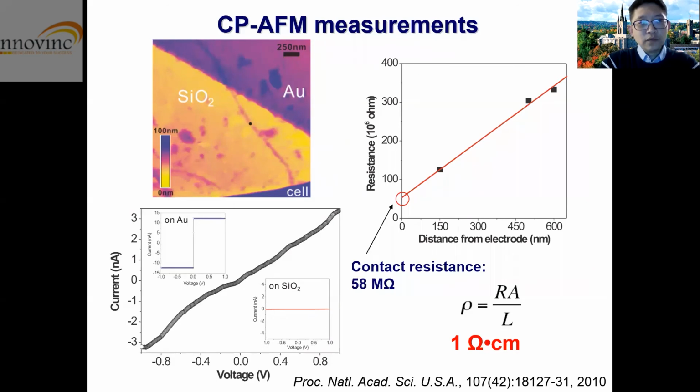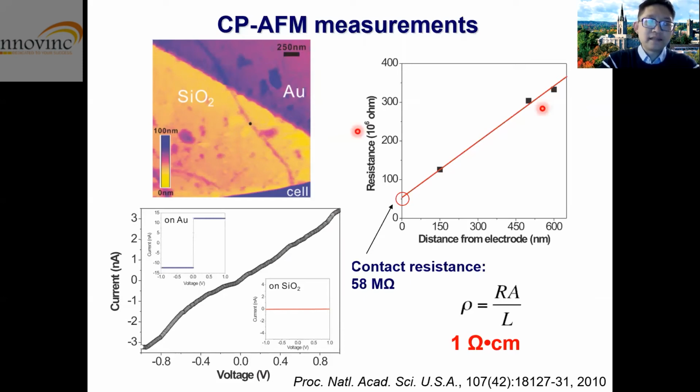And then we measure the resistance at different locations along the bacterial nanowire, and then we can get these data points.